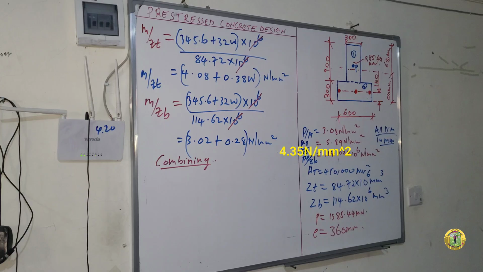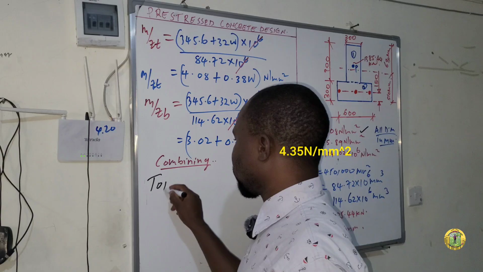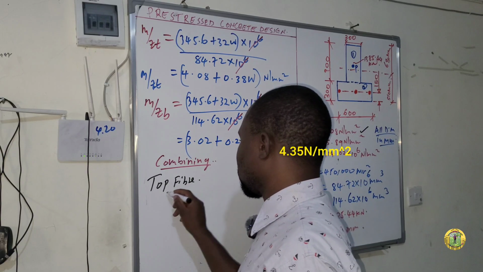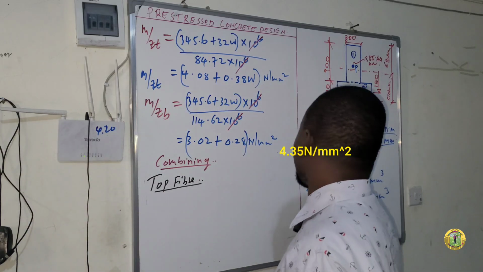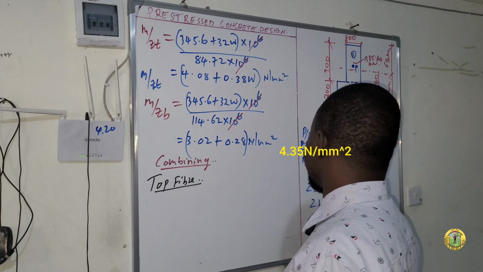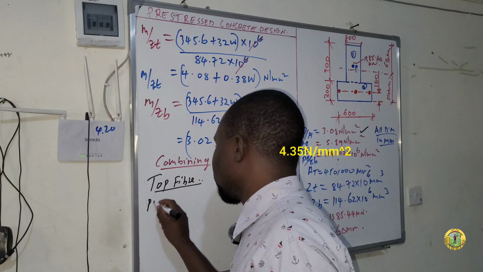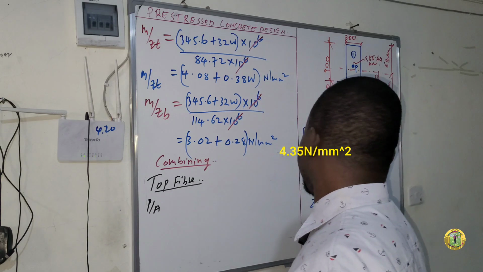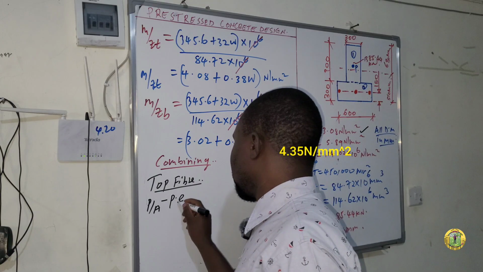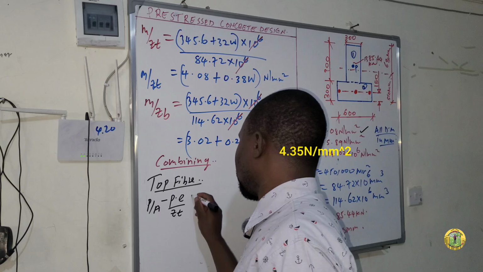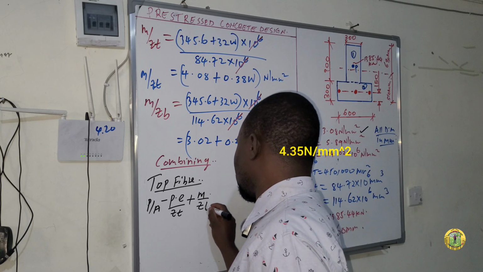So we want now to combine the stresses. Now combining, we'll start with the direct stress at the top fiber. Let's write the formula first: P over A, minus PE over Z top, plus M over Z top.